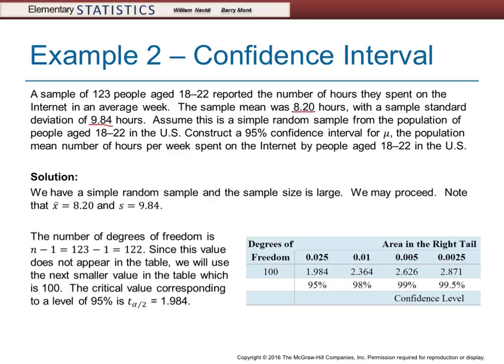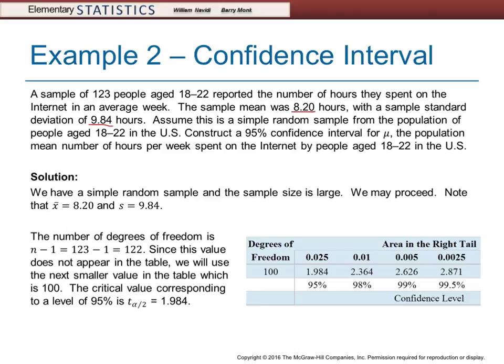Assume that it is a simple random sample from the population of people aged 18 to 22 in the U.S. Construct a 95% confidence interval for mu, the population mean number of hours per week spent on the internet by people aged 18 to 22 in the U.S.